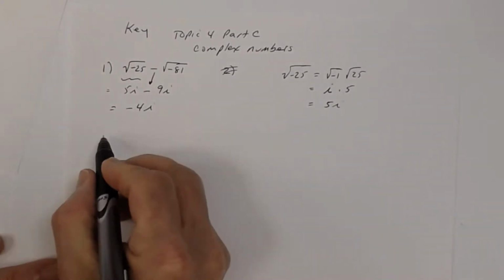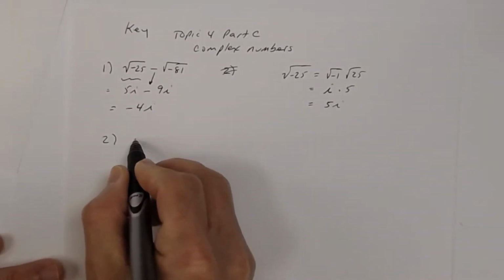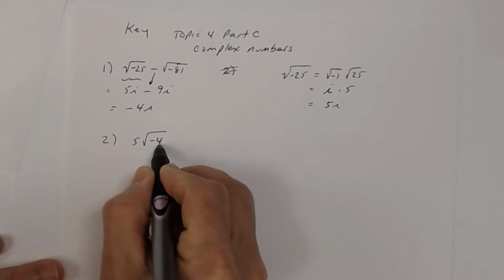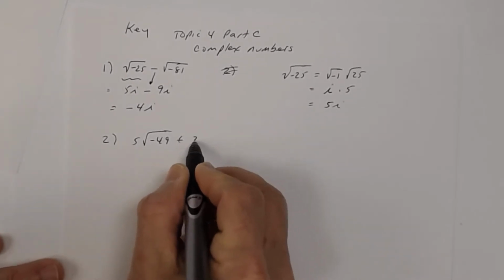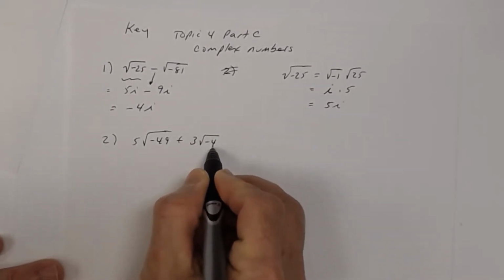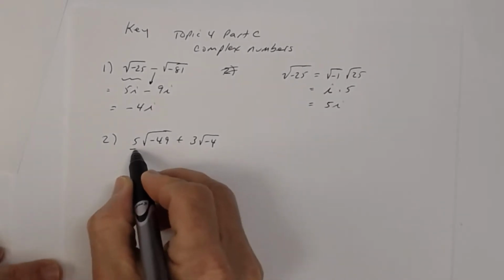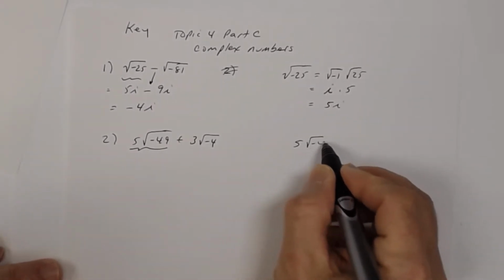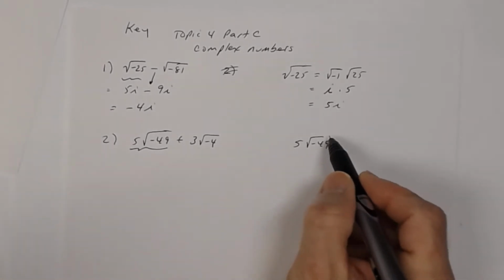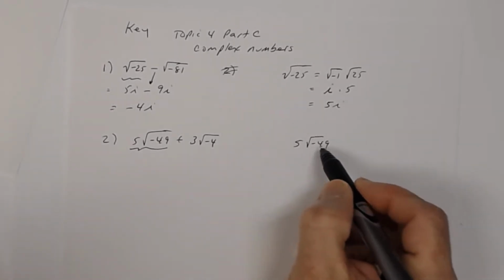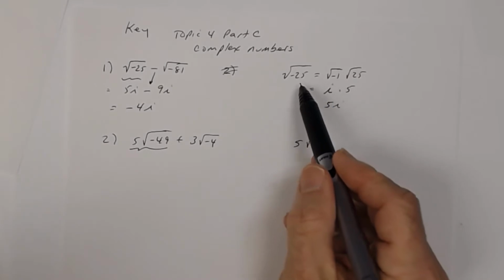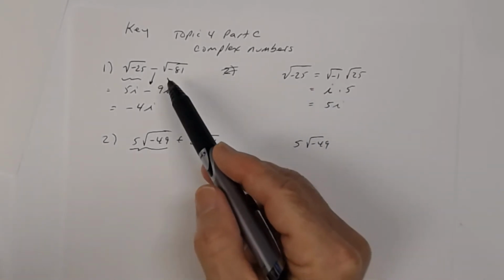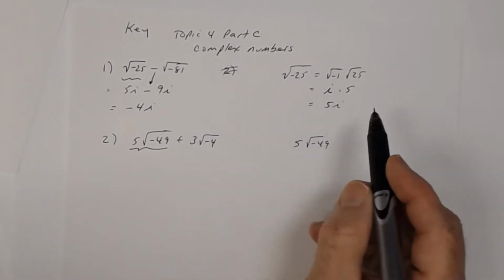Okay, number 2, we have 5 times the square root of negative 49 plus 3 times the square root of negative 4. Let's look at the first term, 5 times the square root of negative 49. You want to think about it like you did with the square root of negative 25 and the square root of negative 81.